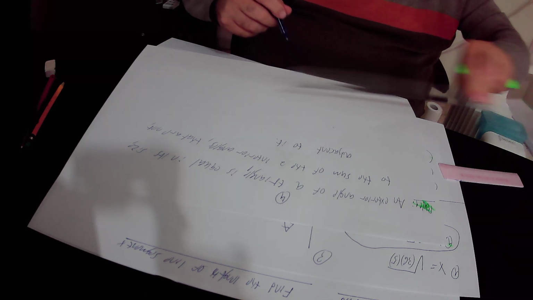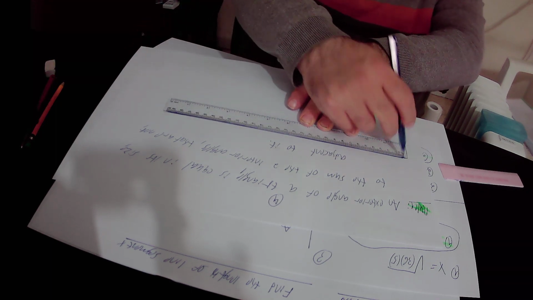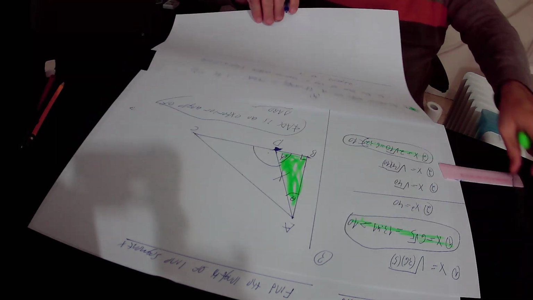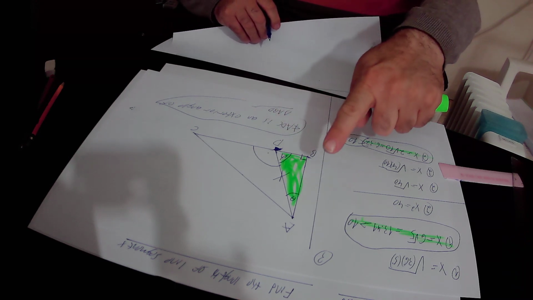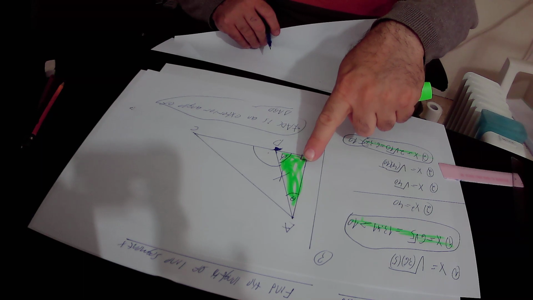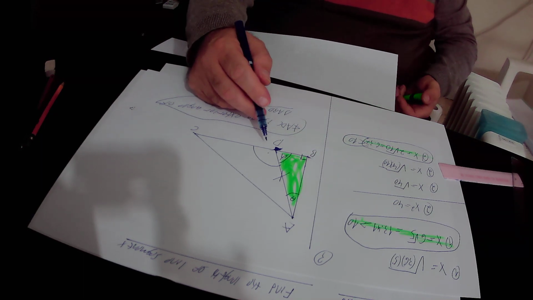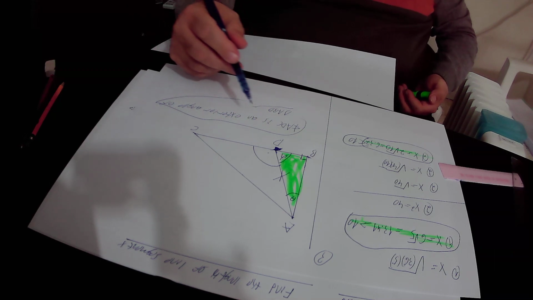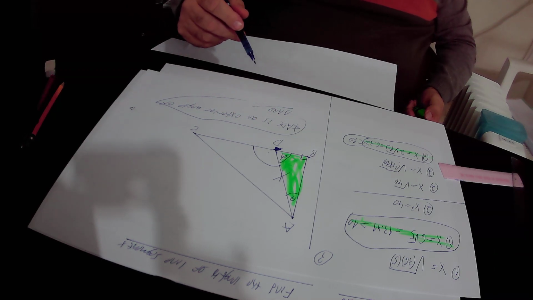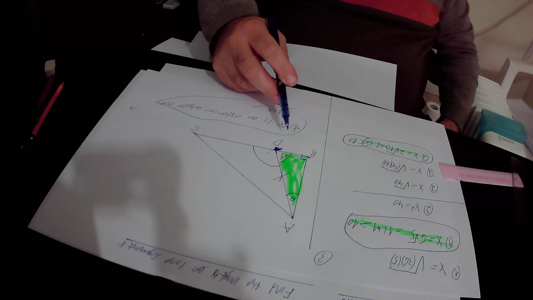So according to rule number 1, the size of the exterior angle ADC, which is an exterior angle of the right green triangle, triangle ABD, will be equal to the sum of the two interior angles that are not adjacent to it.